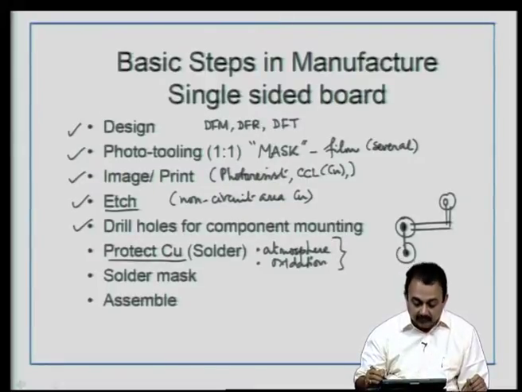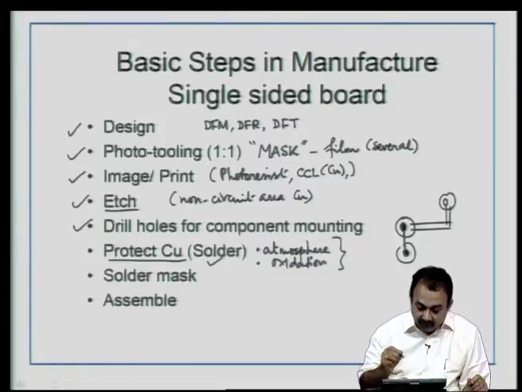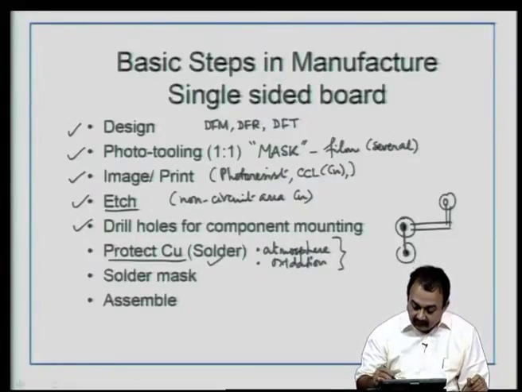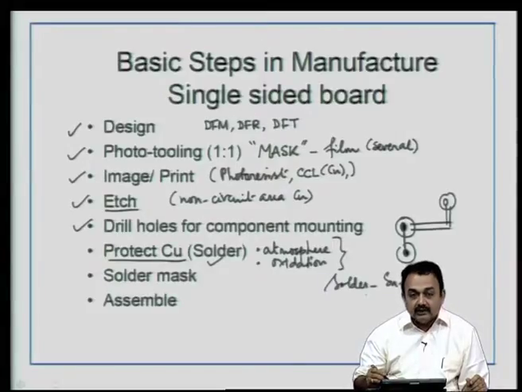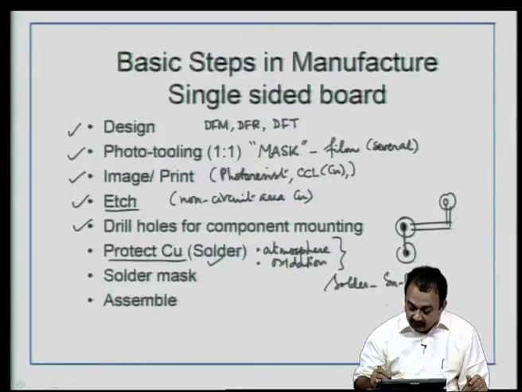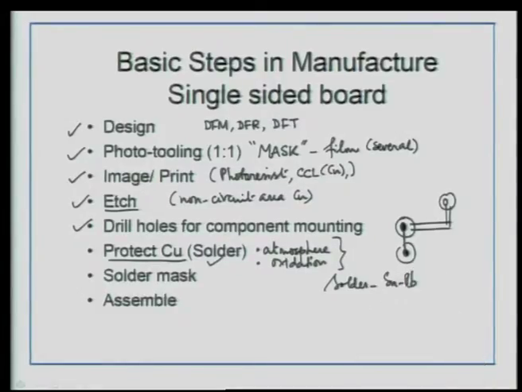How do you protect copper? You use solder material. In this case, solder material is basically tin, lead. But as I said, today we are in the lead free realm of manufacturing. Therefore, we have to look at alternatives for lead. So, we will come to these aspects much later.